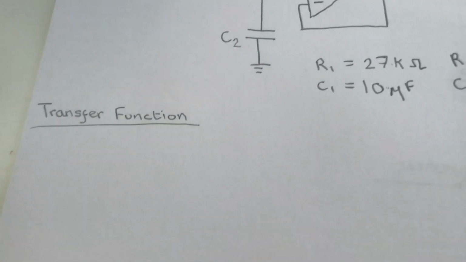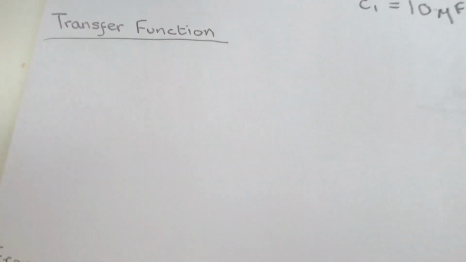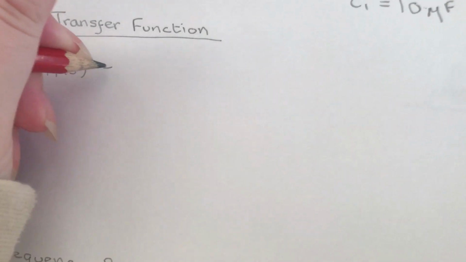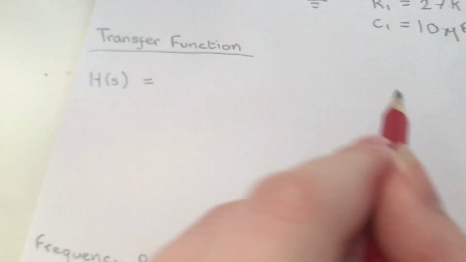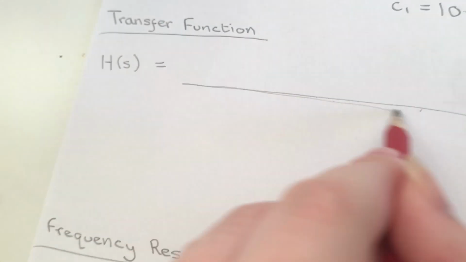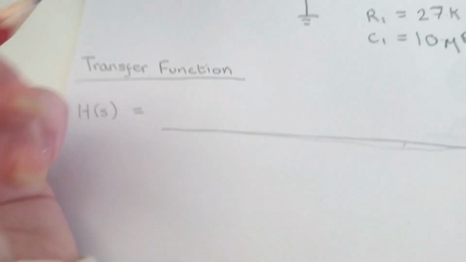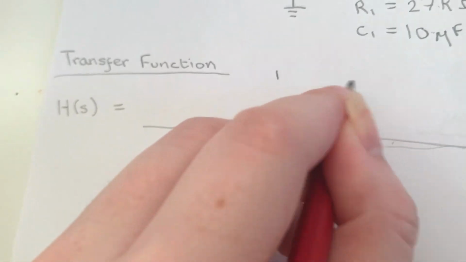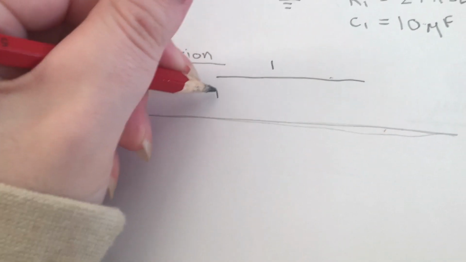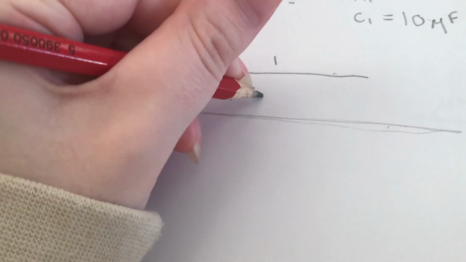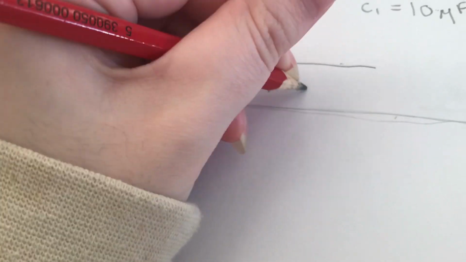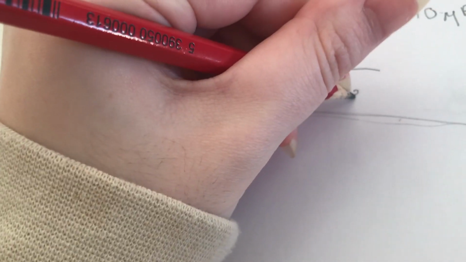So next we have the transfer function of the system, which is H(s) equals a big fraction. On the numerator we have 1 over R1 C1 R2 C2.